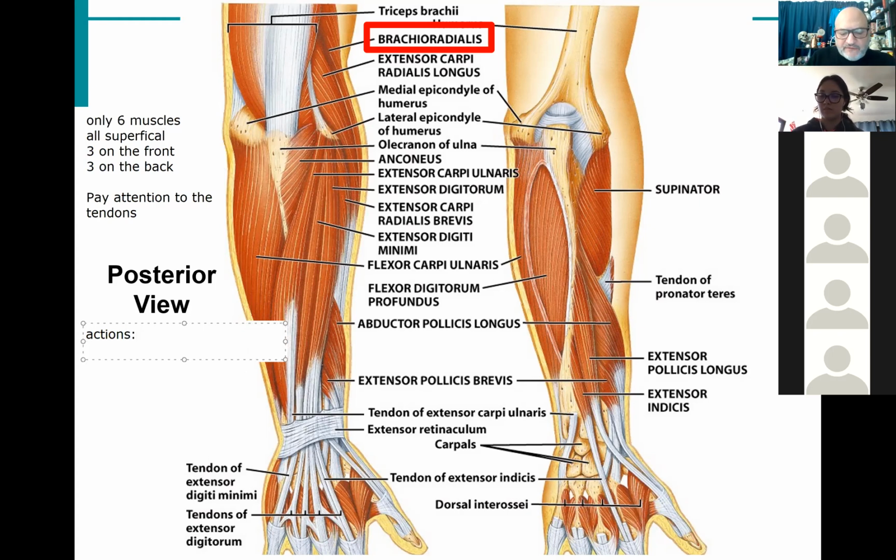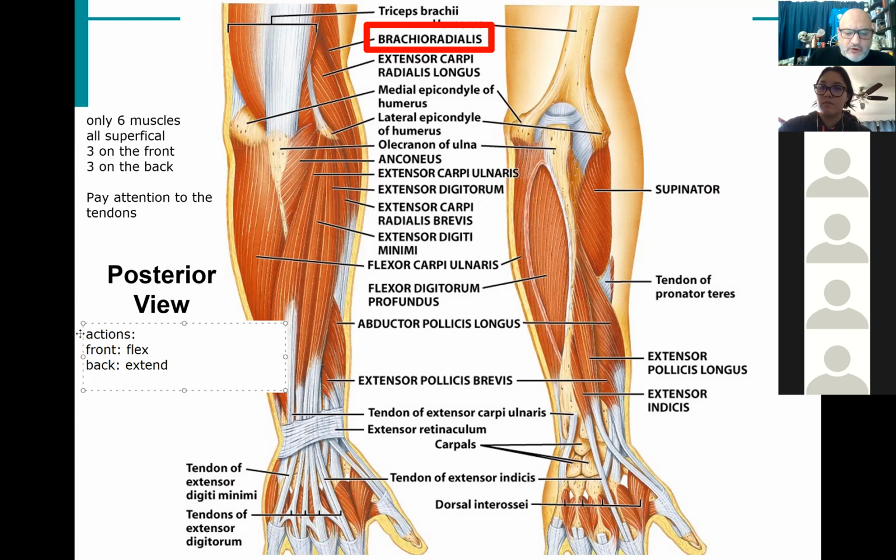Muscles that are on the front of the forearm, what are they going to do? Flex. They're going to flex. And so those are going to be our flexors. Muscles that are on the back of the forearm, what are they going to do? Extend, there you go. Excellent.